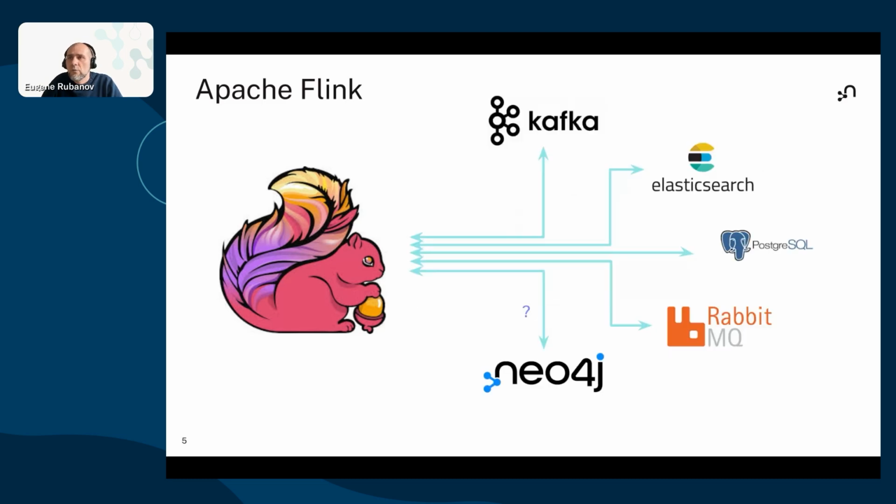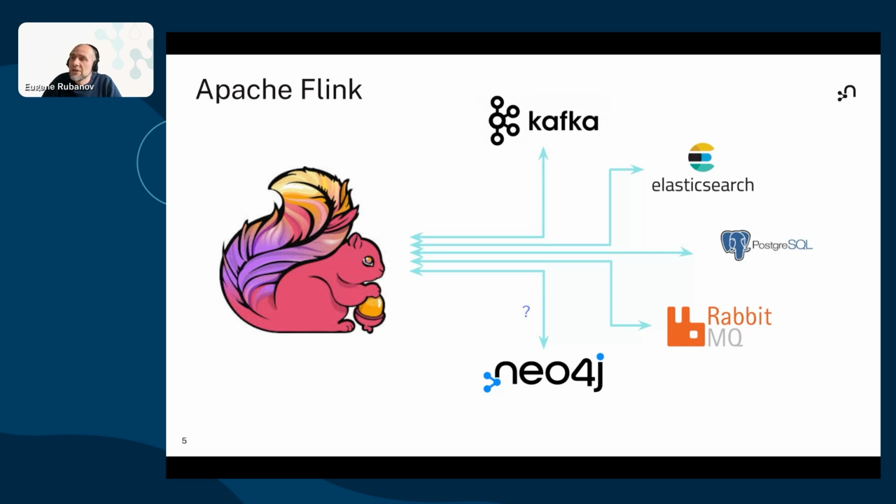Flink includes a wide range of connectors for integrating with third-party systems, usually data stores and message queues. However, there is currently no out-of-the-box connector for Neo4j. So the approach I want to demonstrate will utilize JDBC.